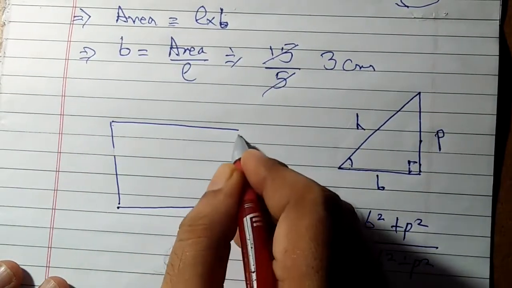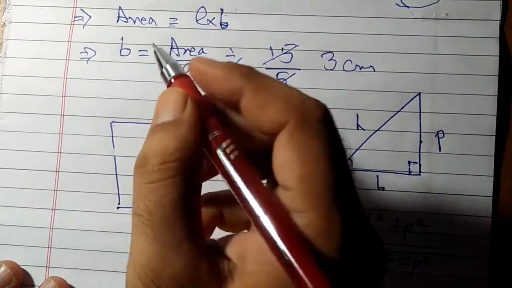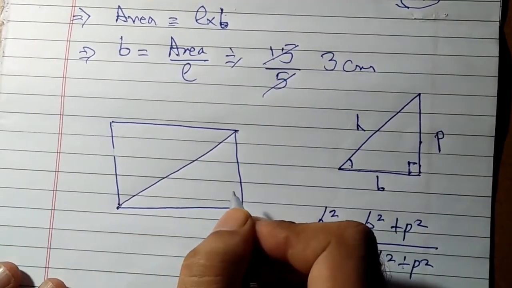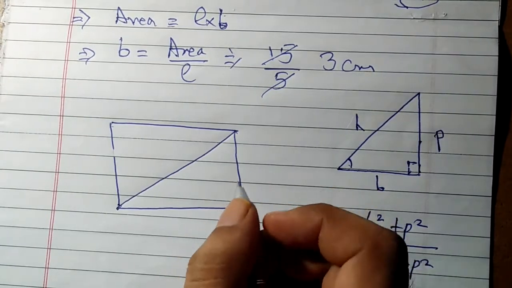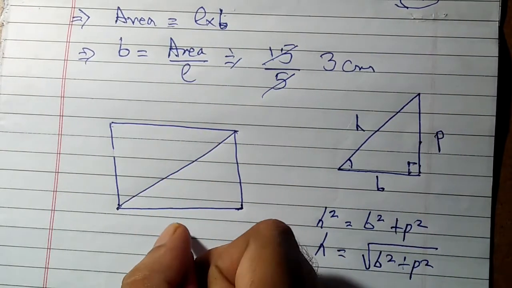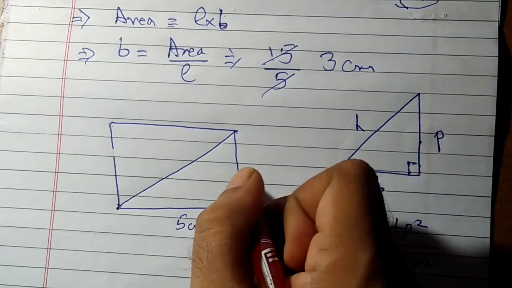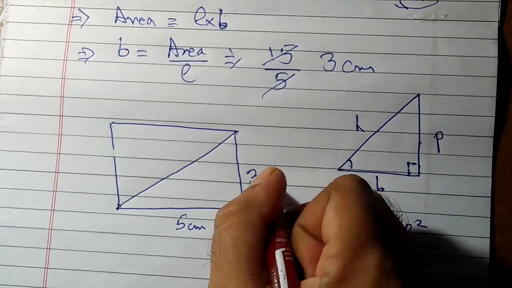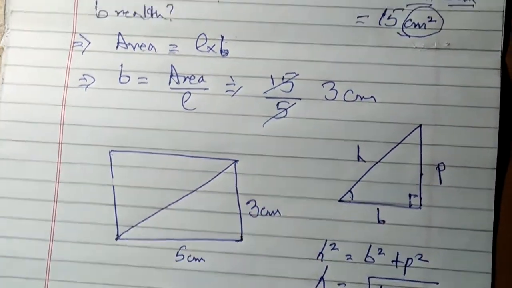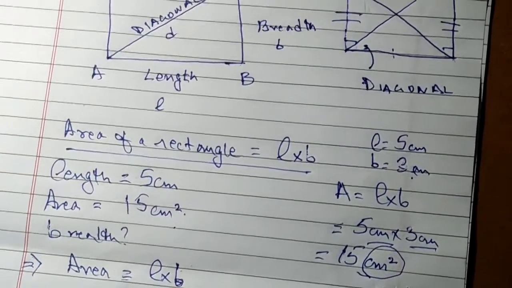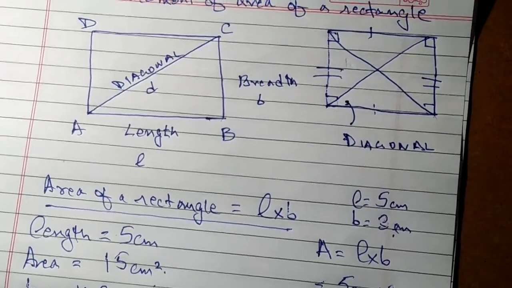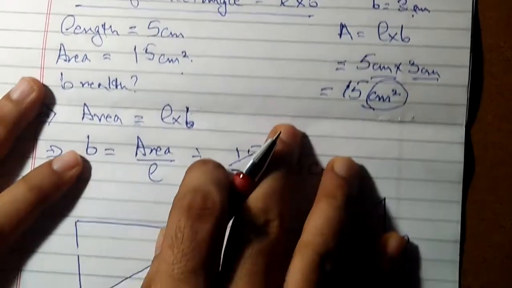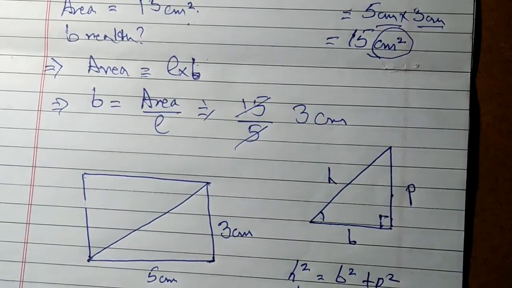So I'll draw this again, taking the same example, and I have a diagonal here. Length was 5 centimeter and breadth was 3 centimeter, the earlier example, if you recall from the top. This is the same sum we are doing. For the diagonal, it's very easy.